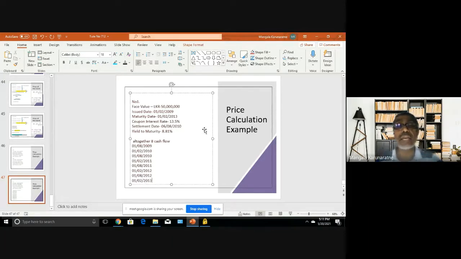So 8 cash flows, right? 1, 2, 3, 4, 5, 6, 7, 8. 8 cash flows are there.